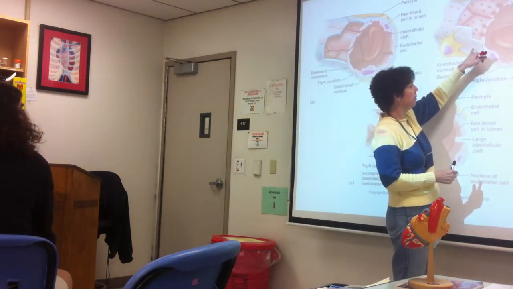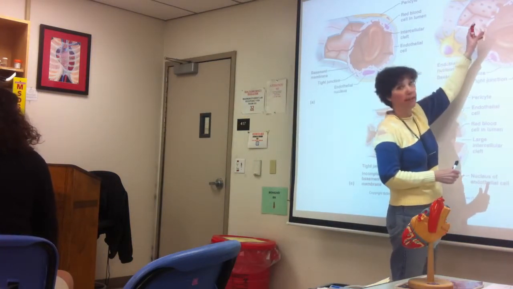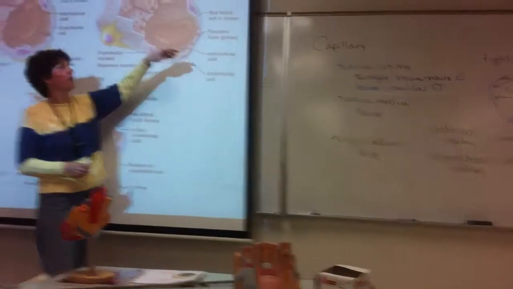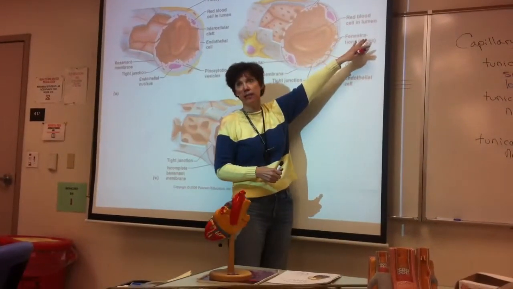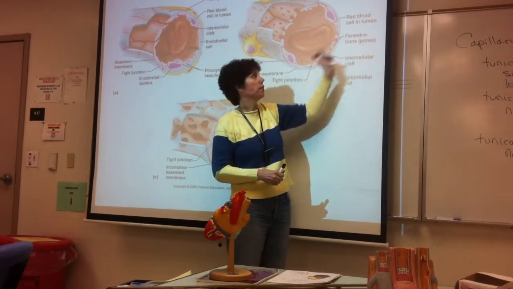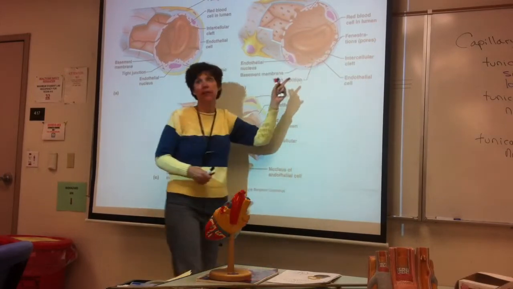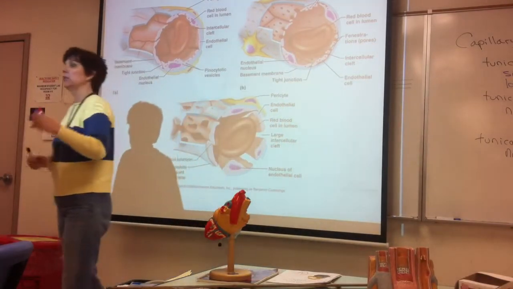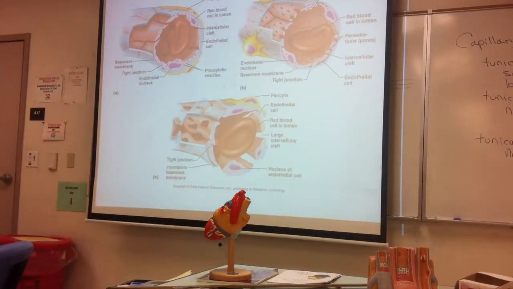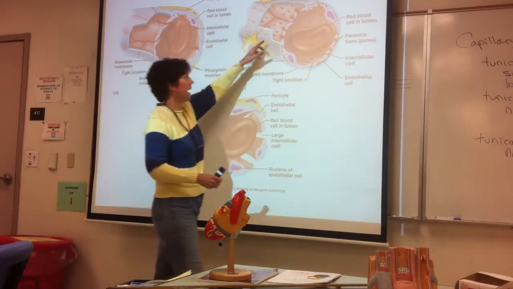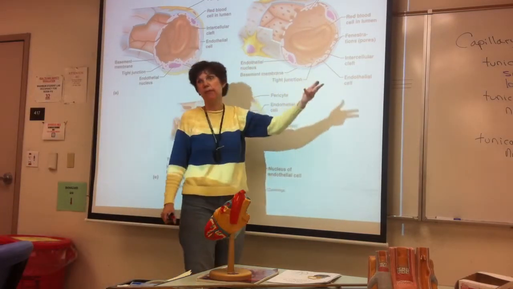Okay, so now up here, you'll notice that it has a continuous capillary, a basement membrane, but the cells have small channels in them. And those are known as fenestrations, fenestra, or pores. So this is specifically an example of a capillary in the kidney. We'll talk about where it functions in filtration. So both the basement membrane affecting charges and the size of those pores determine what leaves the blood.